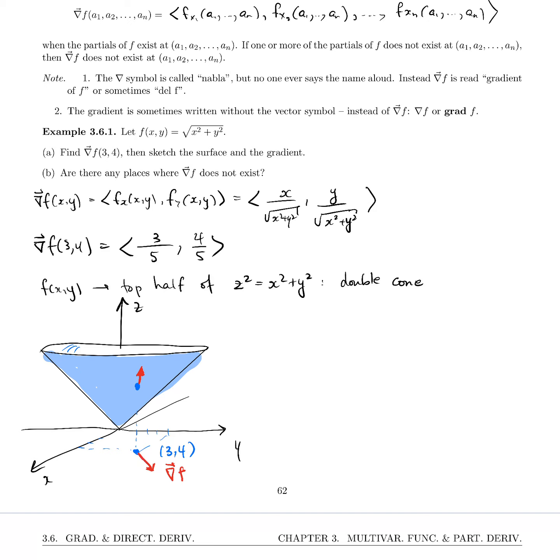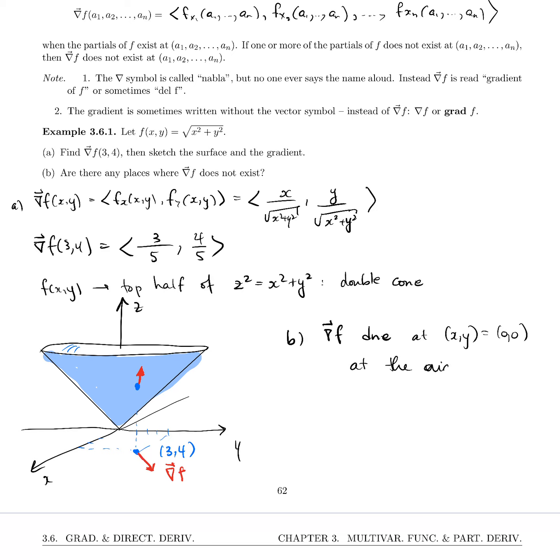Part B asks us, are there places where the gradient does not exist? If we take a look at the formulas for the gradient, we can't divide by 0. And we'll be dividing by 0 exactly when x, y is 0, 0, at the origin.